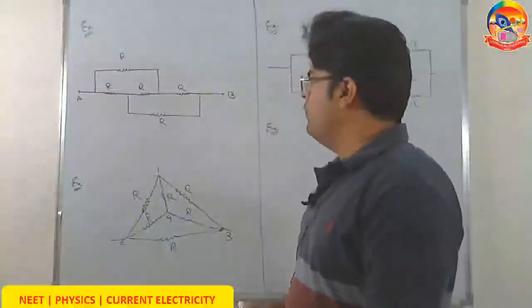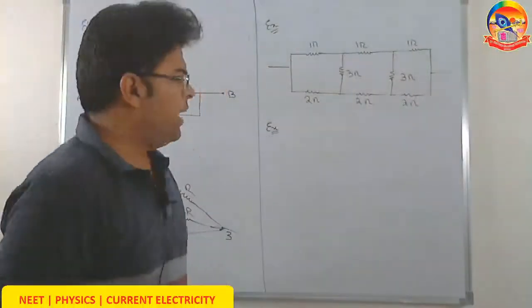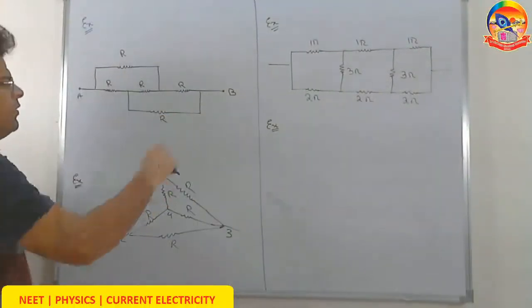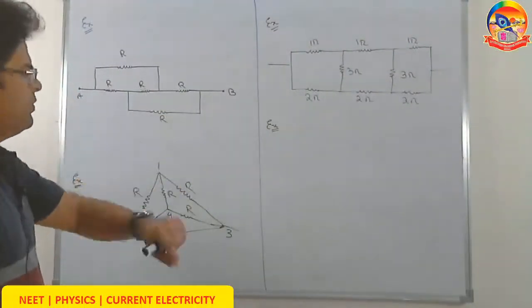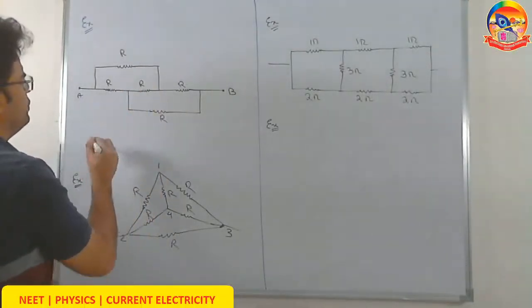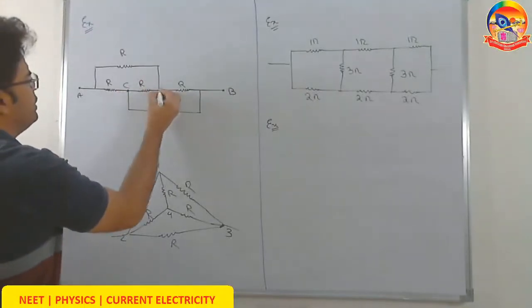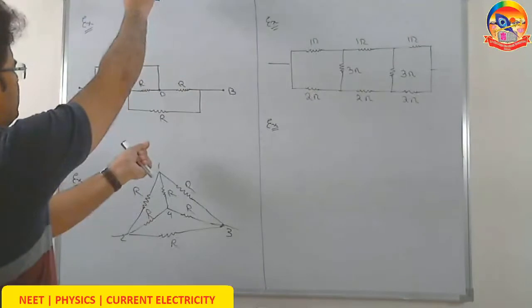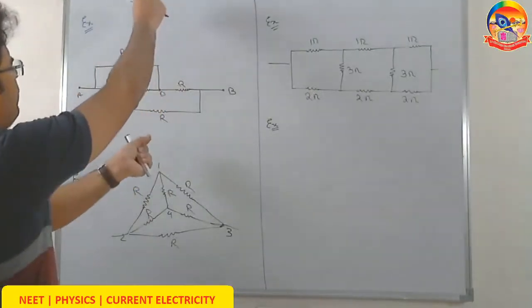Few more examples. If you have five resistors R connected like this, what is the equivalent resistance between A and B? This is nothing but another way to draw a Wheatstone bridge. If you look at this point, let's call this point C and this point D. In your imagination, move D up and C down.